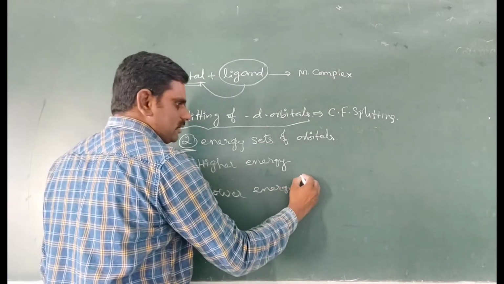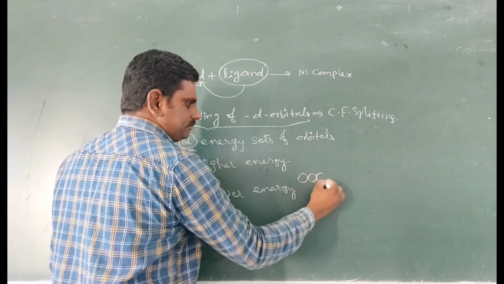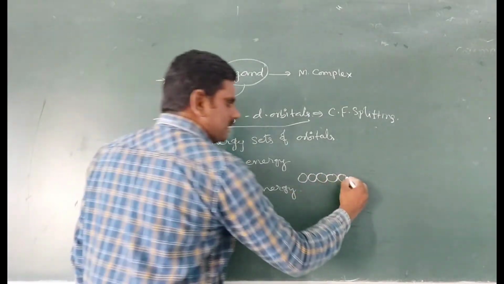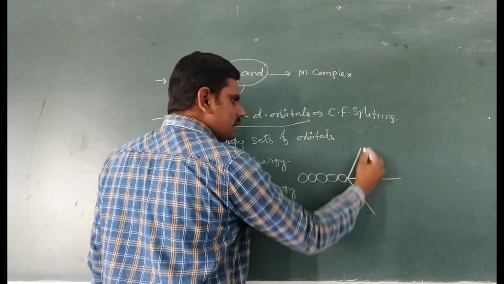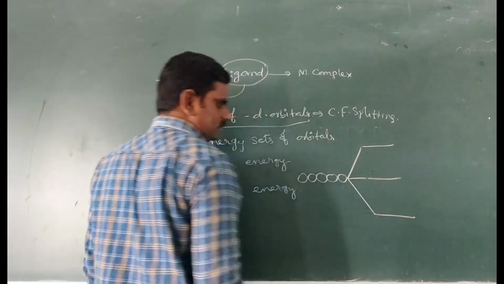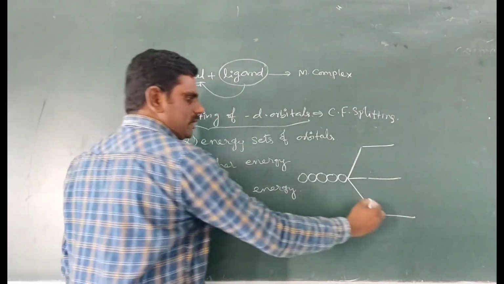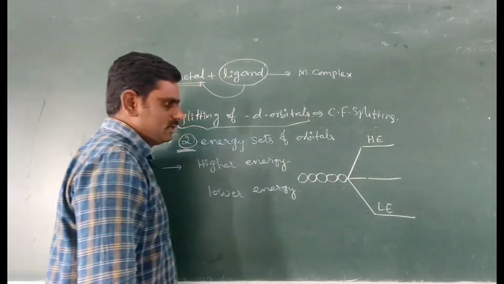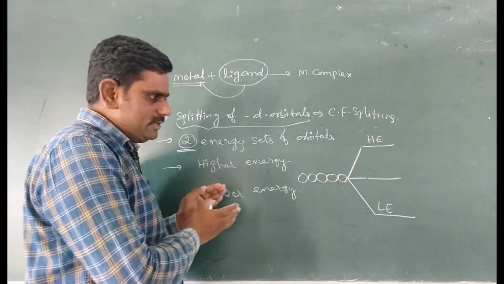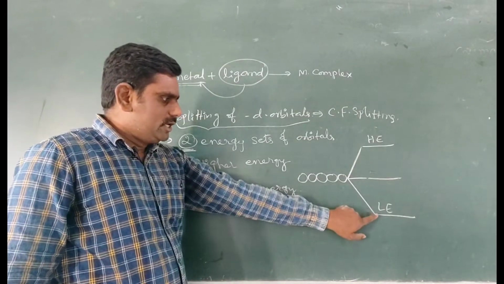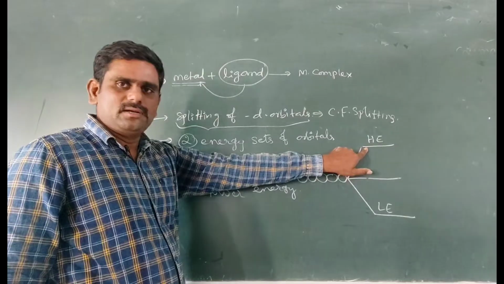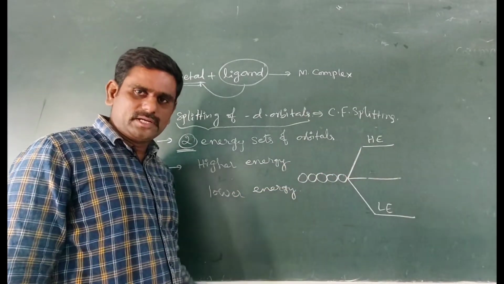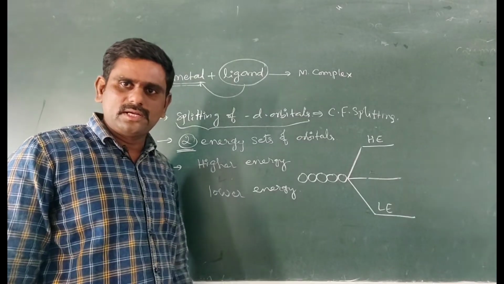For example, these are 5 degenerate orbitals, and 2 energy sets are formed: one is the lower energy set, the other is the higher energy set. In one kind of splitting, T2g is here, Eg is here. In another kind, it will be reversed, or further splitting takes place depending on the orientation and repulsions.